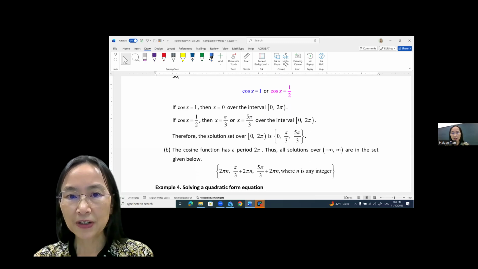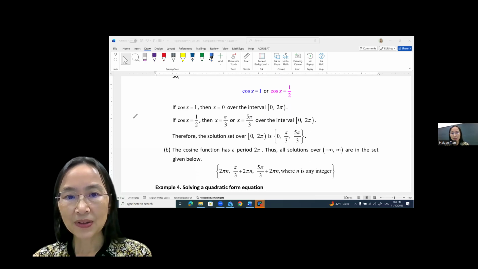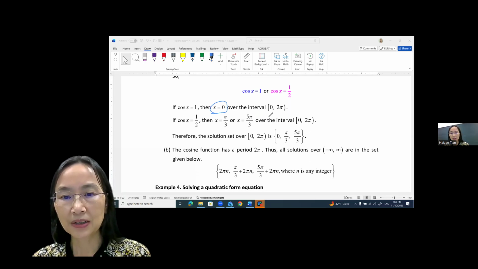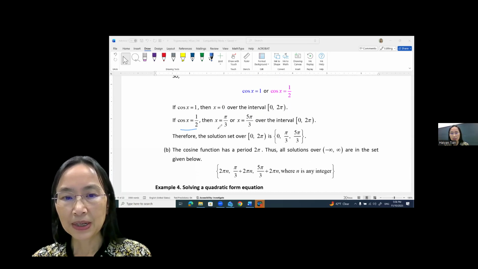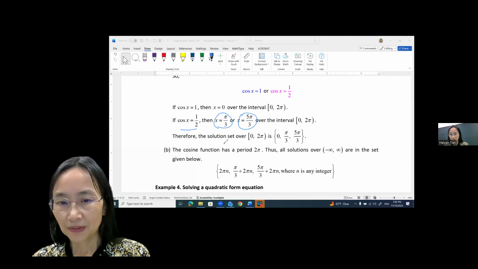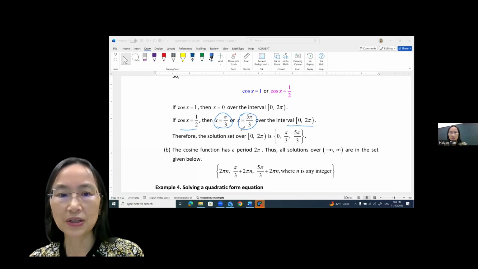So once we have found the cosine value is either 1 or half, then when it's 1, we have a solution over the interval. When cosine x is half, we have found 2 solutions over this interval.